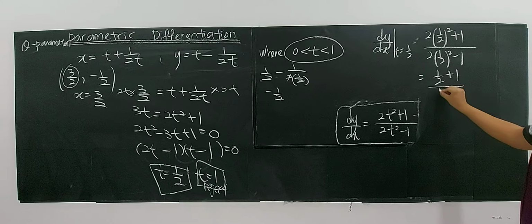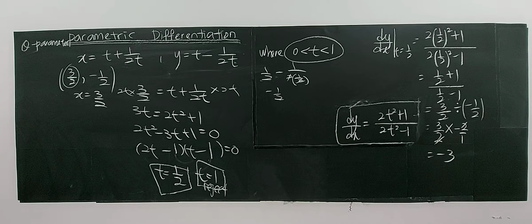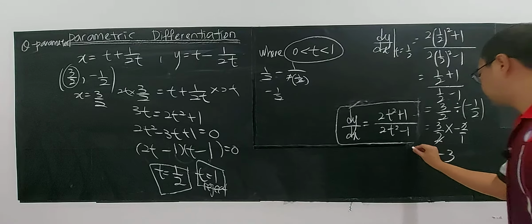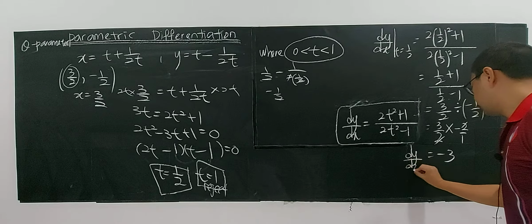You are getting 3 over 2 divided by negative 1 over 2. Converting to multiplication, the divisor is reversed to negative 2 over 1, so you are getting negative 3. That means your dy/dx is negative 3 at the point 3 over 2, negative 1 over 2.